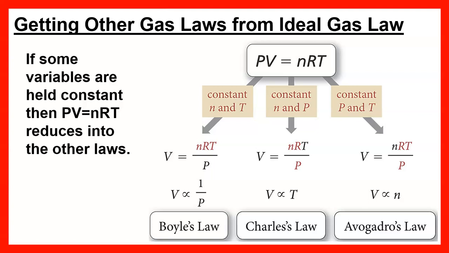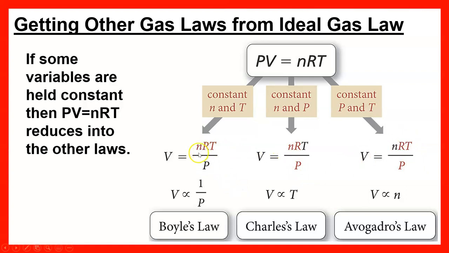Now, in Honors Chem, you learned that there are other laws, like Boyle's law, Charles's law, Avogadro's law. AP Chem is not going to give you an equation and say, what's the name of this law? And technically, we don't even really have to teach them, do we? If you think about the ideal gas law, and if we're trying to compare two scenarios, we're really comparing the ideal gas law from one condition to the ideal gas law of a different condition. And if you hold certain values constant, they kind of disappear from our equation, don't they?